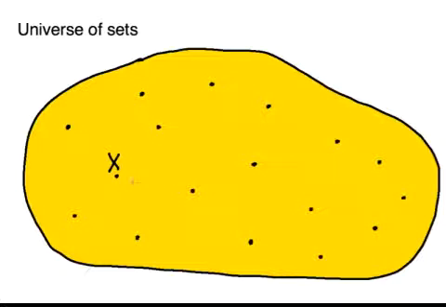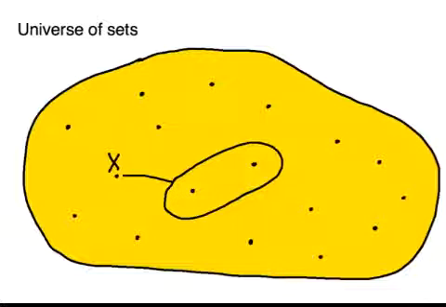For example, let's take this X here. Let's say that this X has its contents, these two sets, and the sets that fall within a set like this are called elements of that set.